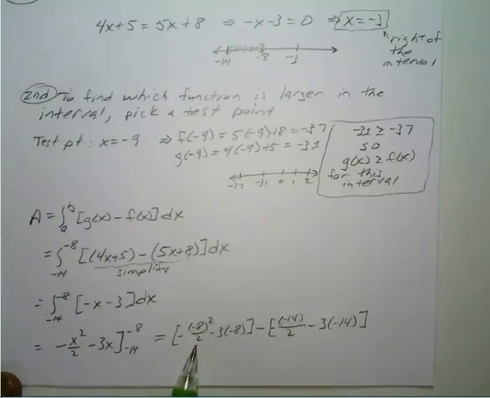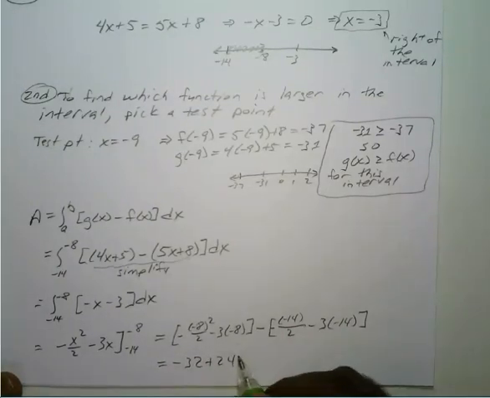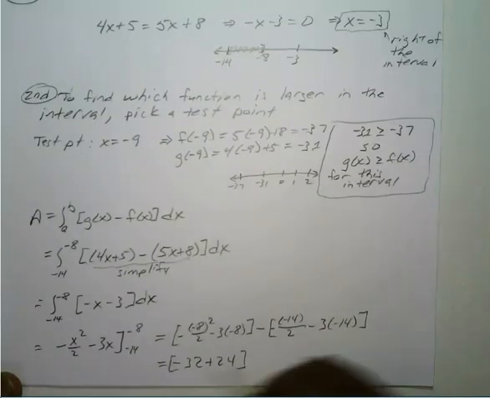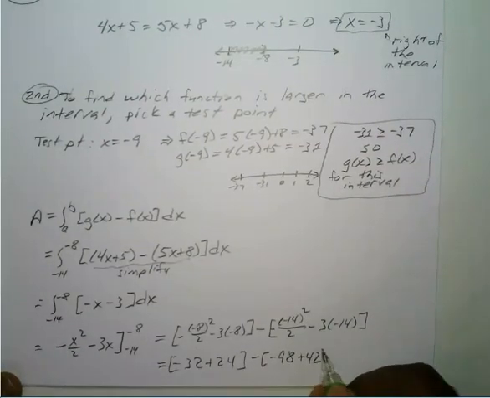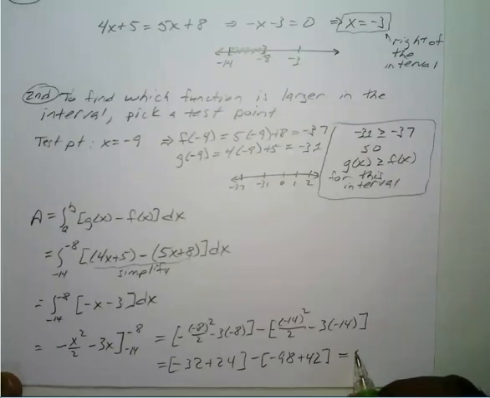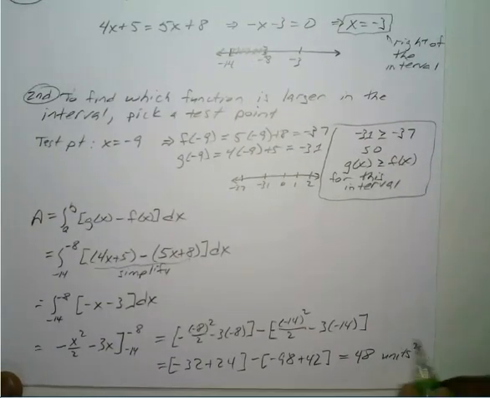Okay, so 64 divided by 2, negative of that will be negative 32 plus 24, minus negative 98 plus 42. So that's going to equal 48 square units as our area.